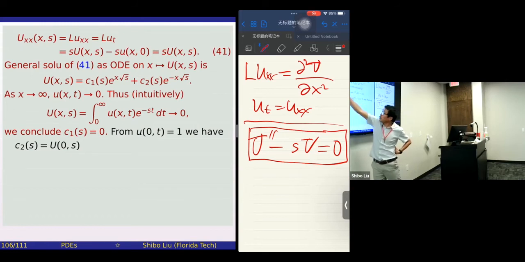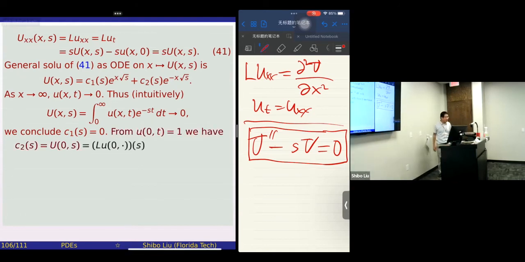C2(s) is just U(0,s). By the expression for U, remember C1 is 0, you see that C2(s) is precisely capital U(0,s). But capital U(0,s) is the Laplace transform of the boundary function at the left endpoint x equal to 0.